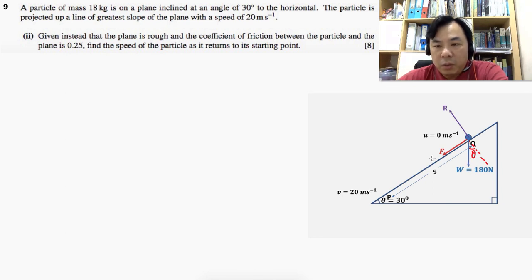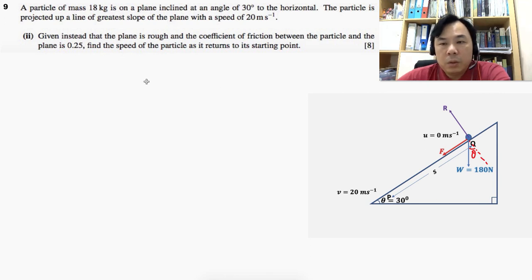If the surface was rough initially, the frictional force would be acting on the object as it goes up. Therefore, due to the friction, the distance travelled would no longer be greater than 40 meters when it comes to instantaneous rest.